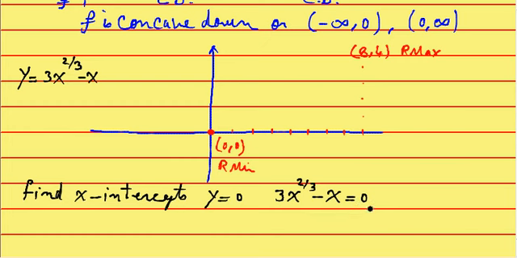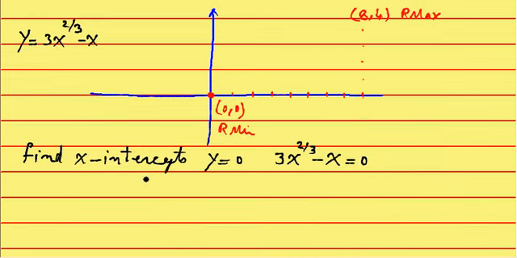How do we handle this? Perhaps one way is to factor, another way is to take it to both sides of an equation and raise it to a power. There are many ways of doing this. Let me go ahead and factor. I factor x to the power of 2/3 out of this. I'm left with 3 minus x to the power of 1/3.